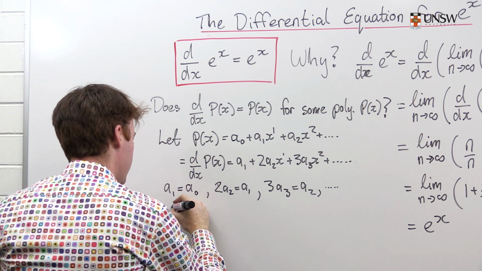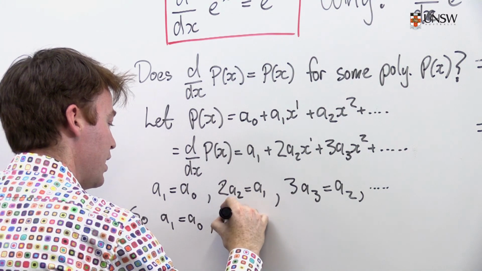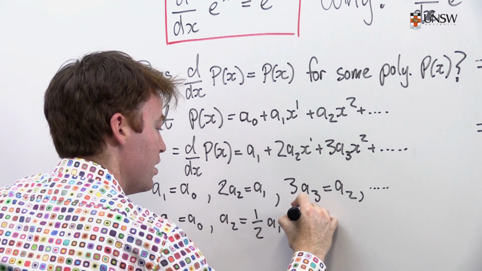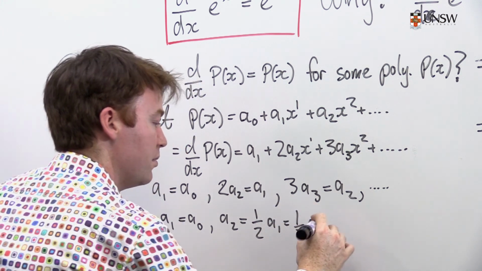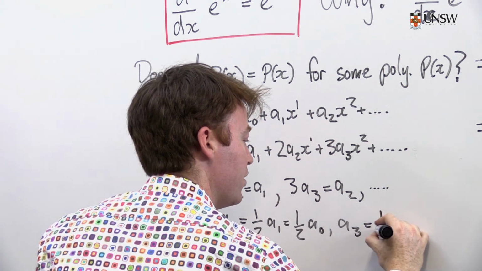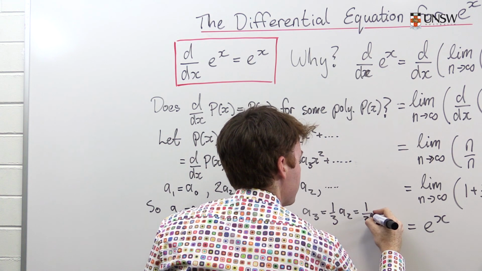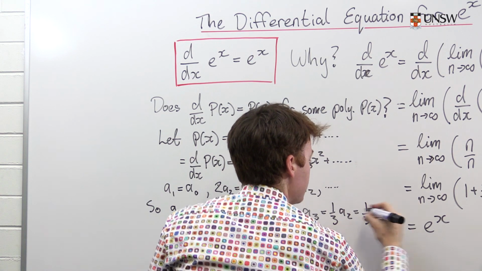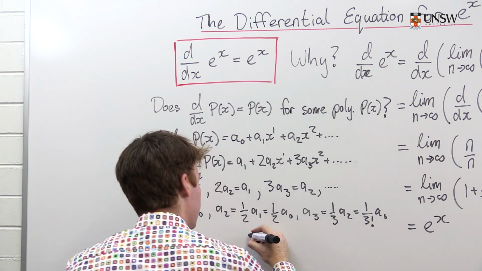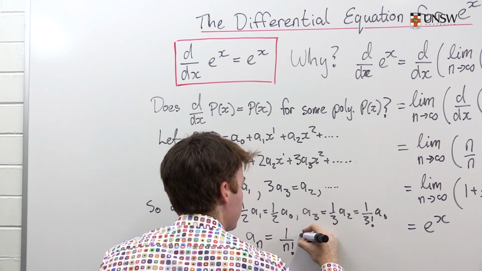So a1 equals a0, a2 is half a1, which is half a0, a3 is equal to 1/3 a2, which is 1 on 3 factorial a0. And in general, an is equal to 1 on n factorial a0.